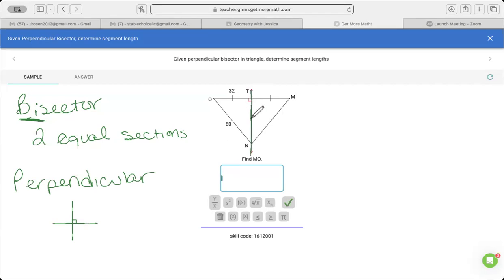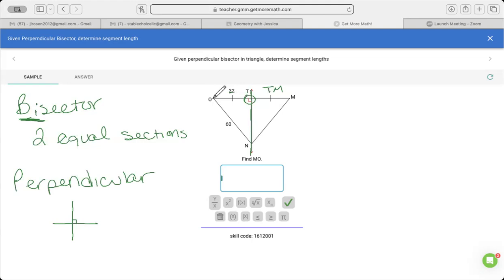So when we're talking about perpendicular bisectors of a triangle, what this tells us is if we've got this triangle here, triangle OMN, and we have this perpendicular bisector, which is TN, right? It comes together at 90-degree angles, shows us that right there. Then that tells us that if TO is 32, then TM is also 32.